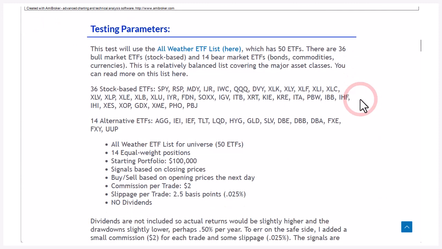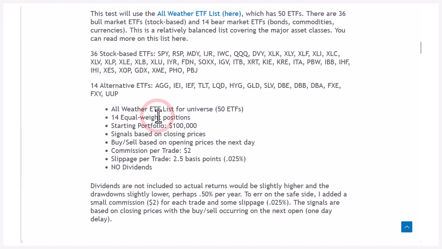And what it does is it trades the stock-based ETFs when you're in a bull market environment. Actually, it trades any ETF when you're in a bull market environment. But when you go to a bear market environment, it does not trade these stock-based ETFs. Instead, it trades the alternatives, which are bonds, metals, commodities, and currencies.